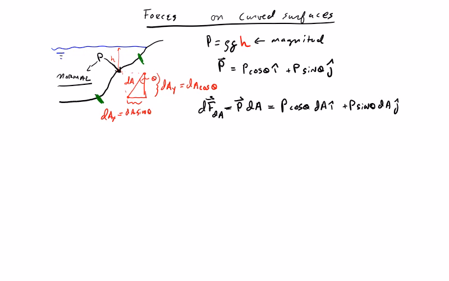The cosine and the sine all come from this theta here, which is going to be changing based on where I am in the curvature. It doesn't really matter what the value is.